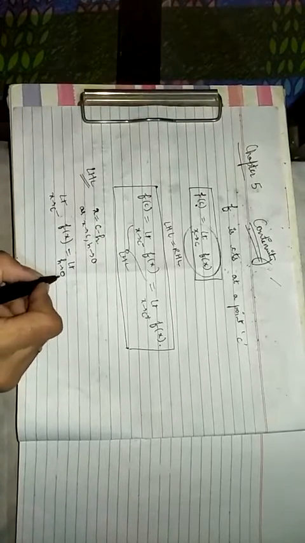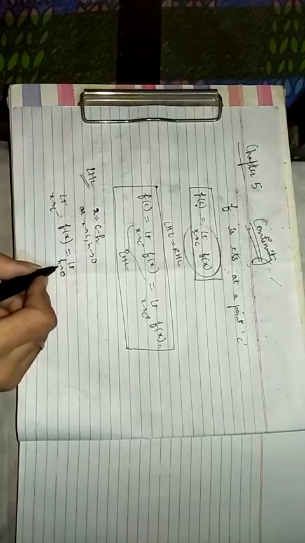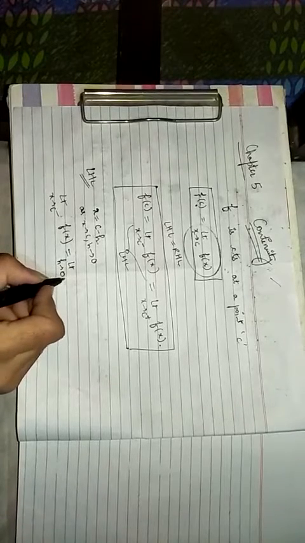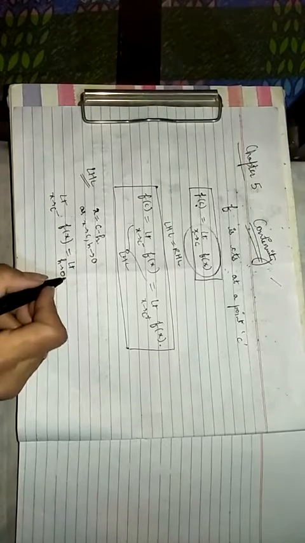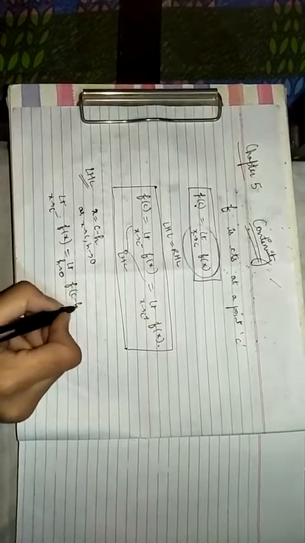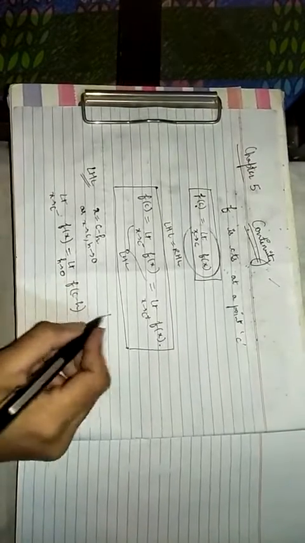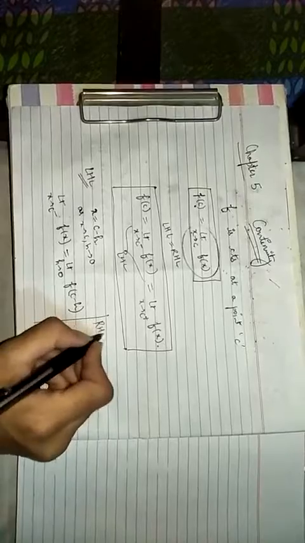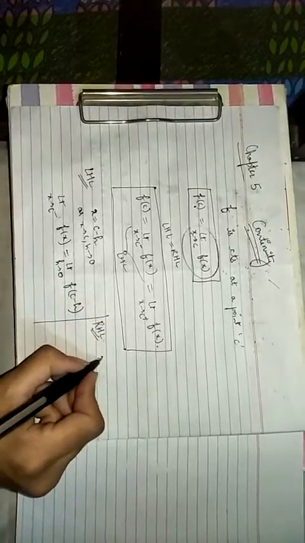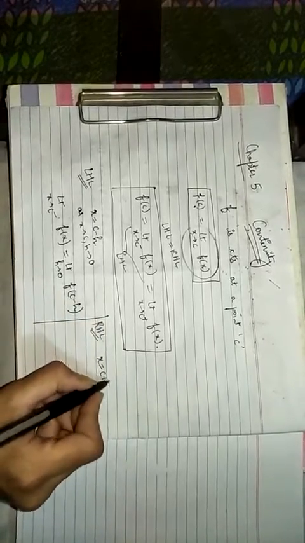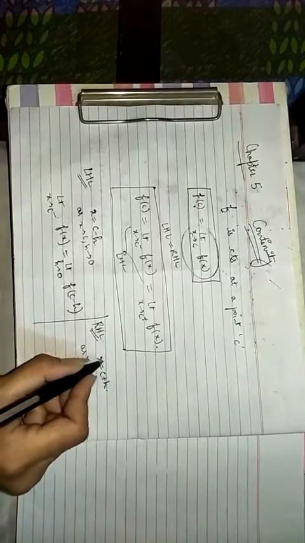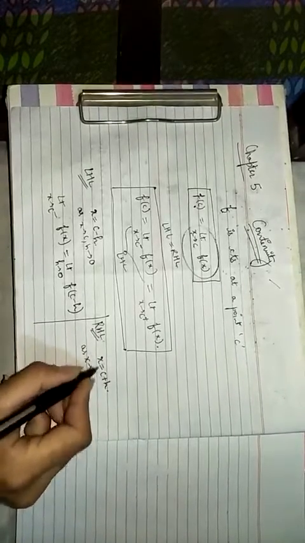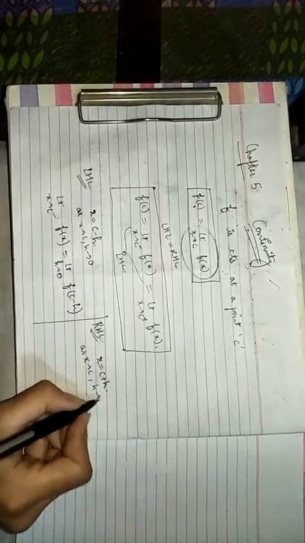This h tending to 0 is always positive, that is h tending to 0 positive, even in the left hand limit case or in the right hand limit case. Similarly, we can define right hand limit, with x equal to C plus h. As x tends to C, h approaches 0.